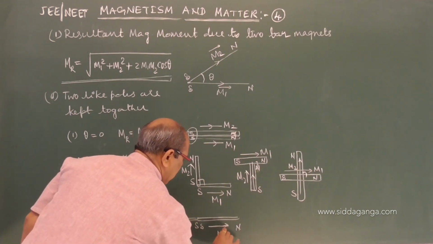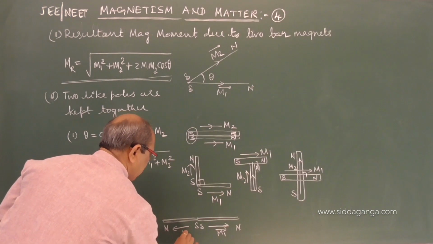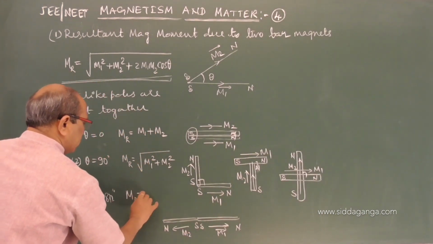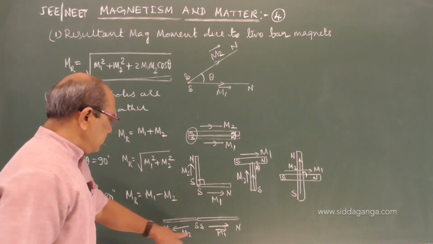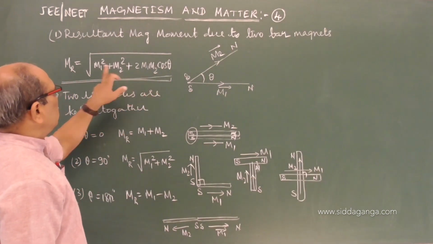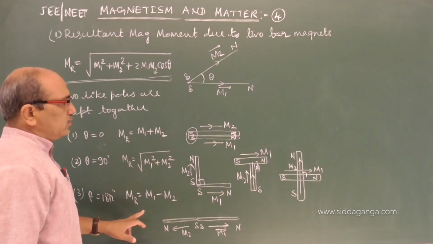M1 is to the right, whereas M2 is to the left. This clearly indicates the resultant becomes simply M1 minus M2, because cos 180 is minus 1, so root of M1 square plus M2 square minus 2 M1 M2 gives M1 minus M2.